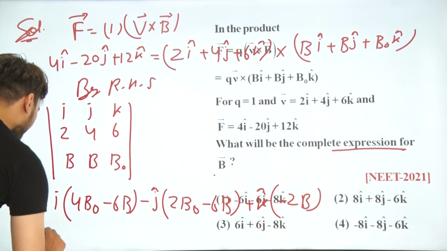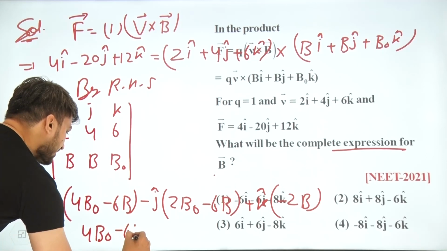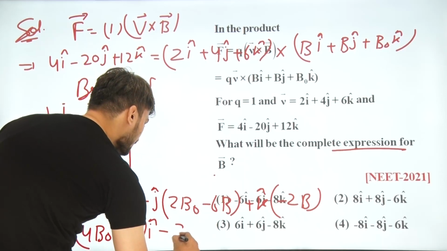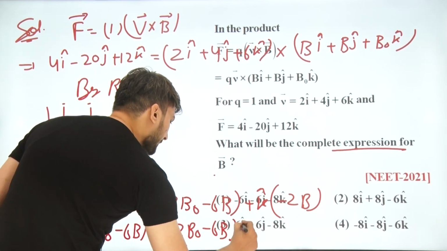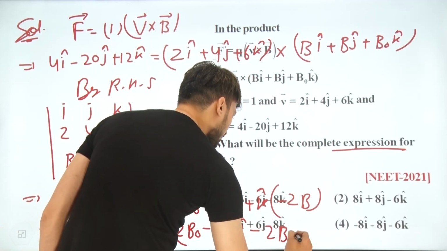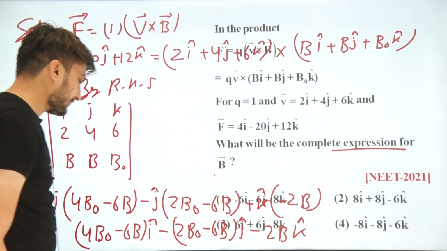So simplified, this is 4b naught minus 6b i cap, minus 2b naught minus 6b j cap, and minus 2b k cap.